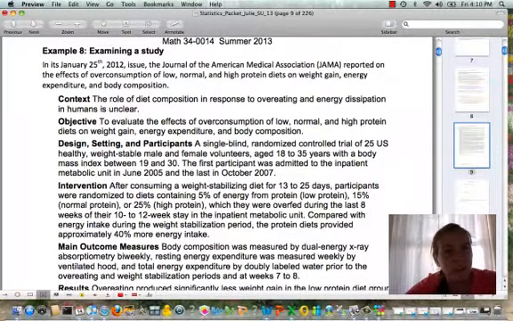And this makes sense because up here in the first paragraph, they explain they're trying to measure the effects of overconsumption of different protein diets. So our explanatory variable is how much protein is in the diet.